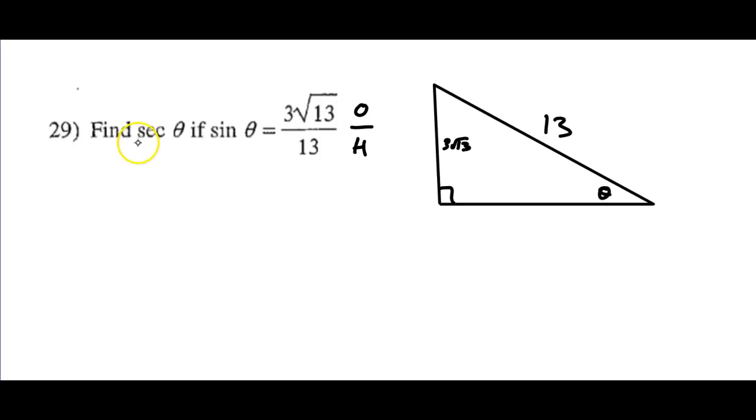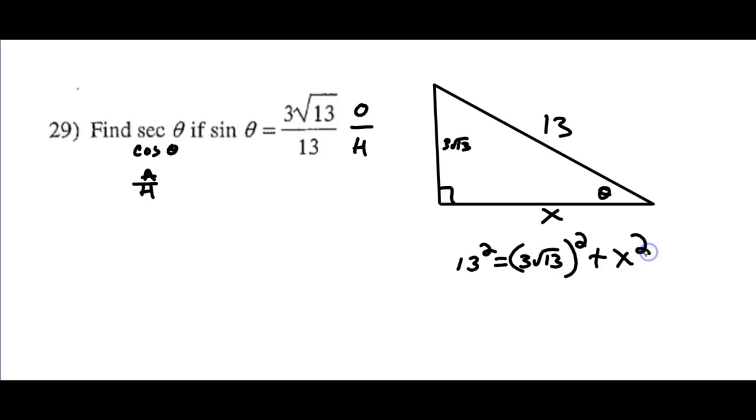The secant is the reciprocal of cosine. And cosine is the same thing as adjacent over hypotenuse. So I need to figure out what this adjacent side is. I'll call it x and use the Pythagorean theorem again. So I'm going to get 13 squared is equal to 3 square roots of 13 quantity squared plus x squared.